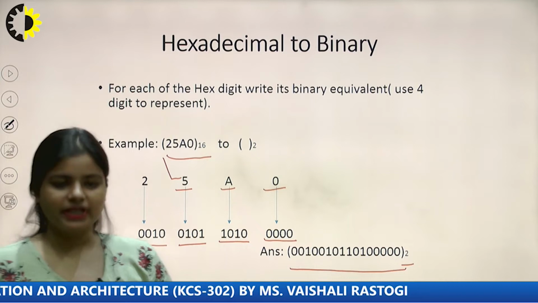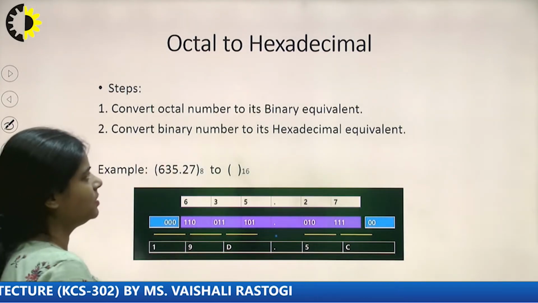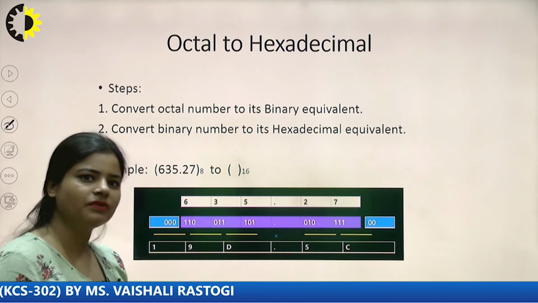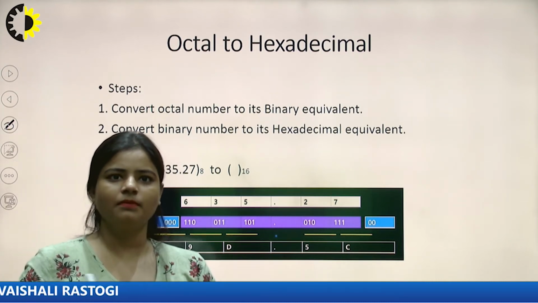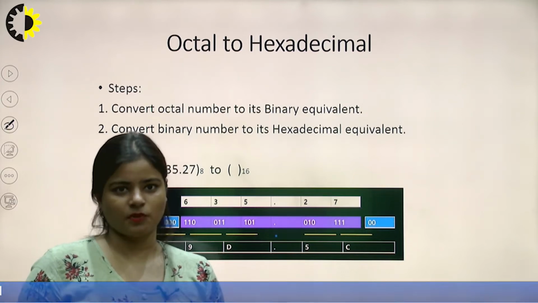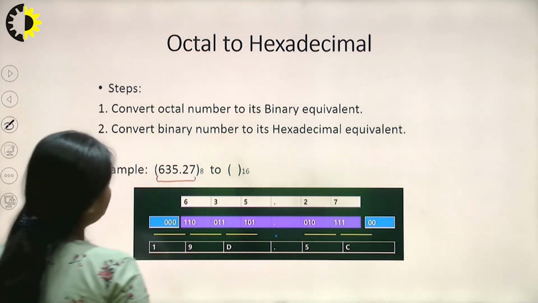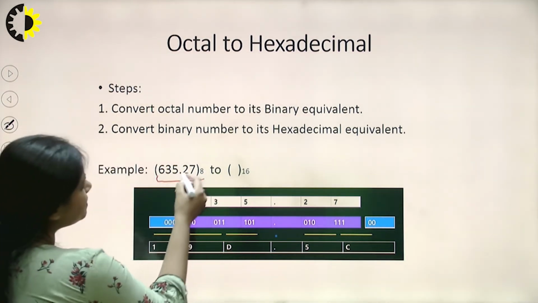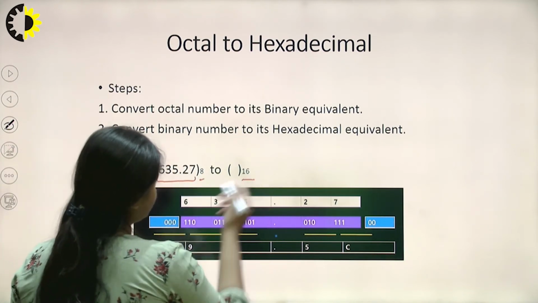Okay, so next we have octal to hexadecimal. We have the same rule. We divide the number into single digits and convert them into binary. Then binary to hexadecimal. We have only this process here. So let's suppose we have 635.27 base 8, meaning this number is octal and we have to convert it into hexadecimal.